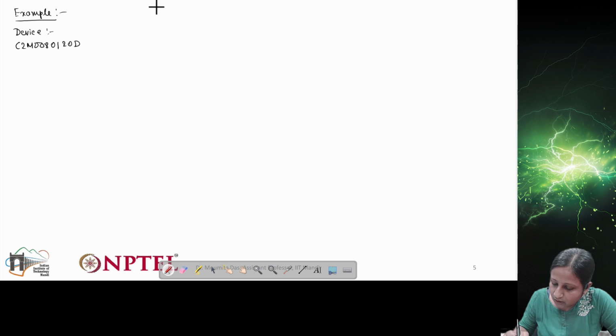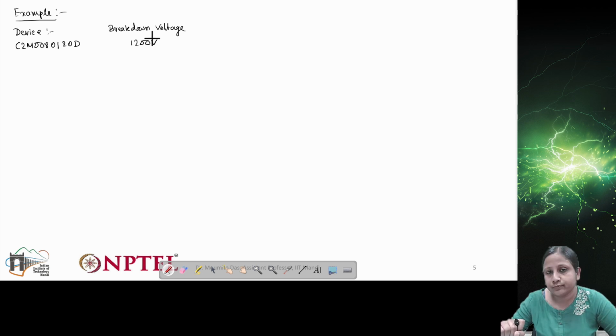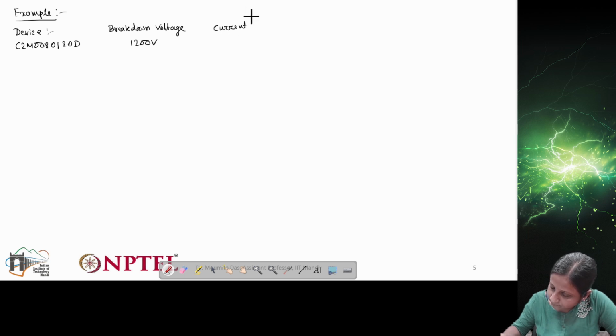Now the breakdown voltage of this particular device is 1200 volts, and the maximum current is 24 ampere at 100 degrees Celsius.